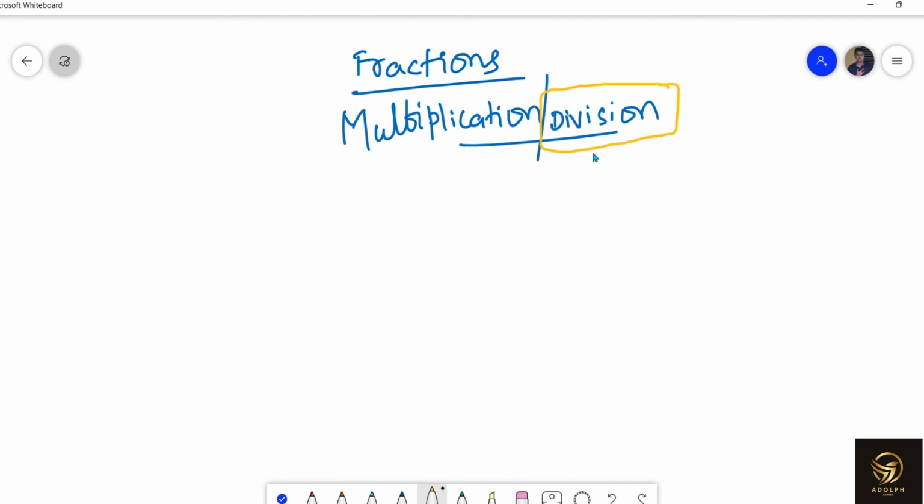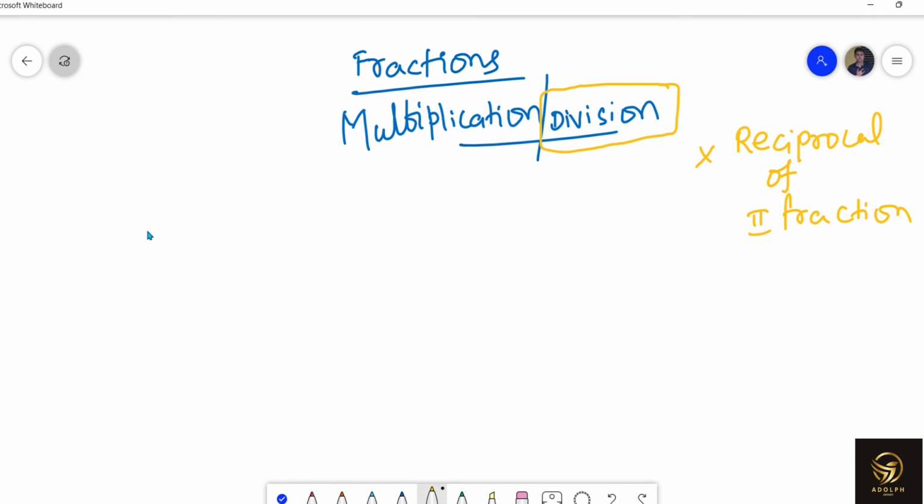Now we are going to see fraction division. I mean, how are we going to divide fractions? It is so simple. Dividing fractions is nothing but, instead of dividing by the second fraction, multiply by its reciprocal. So multiply by the reciprocal of the second fraction. You should keep that in mind.